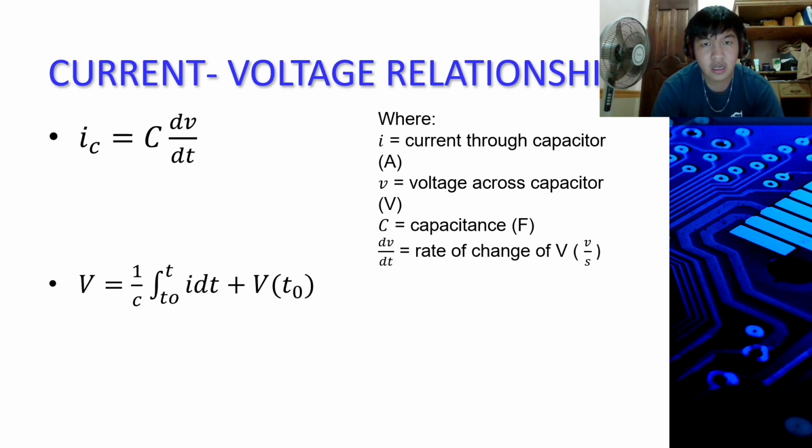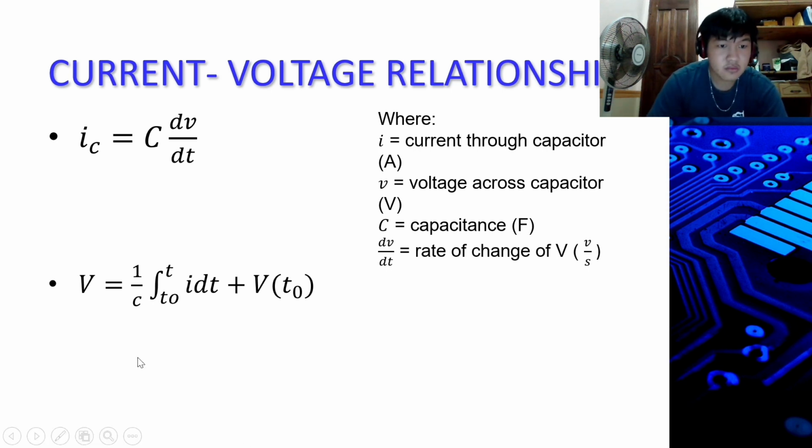Here, I is the current through the capacitor, V is the voltage across the capacitor measured in volts, C is the capacitance measured in farad, and dV over dt is the rate of change of voltage.